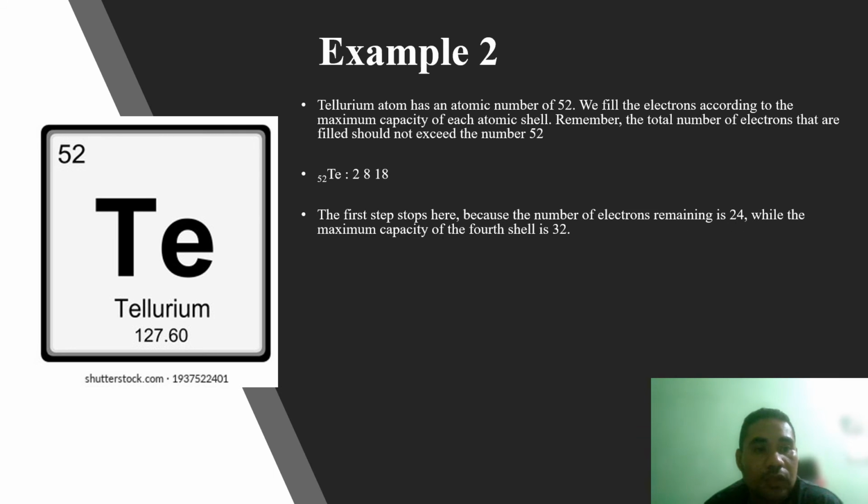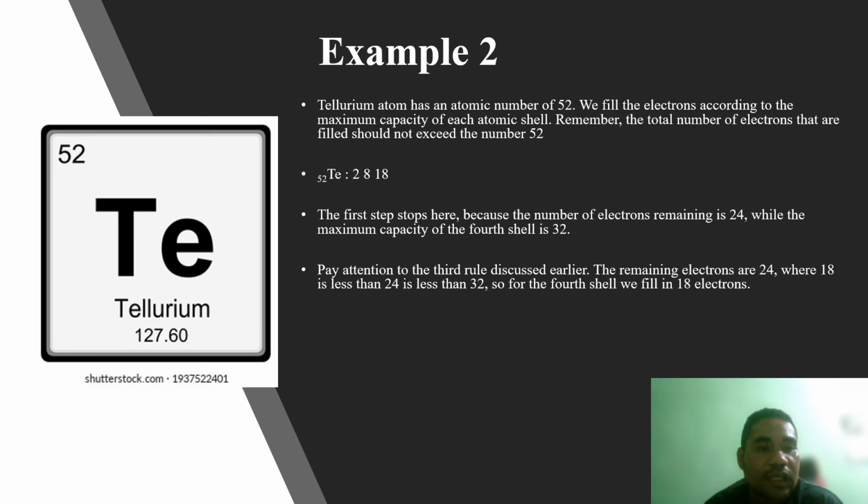The first step stops here because the number of electrons remaining is 24, while the maximum capacity of the fourth shell is 32. Pay attention to the third rule discussed earlier. The remaining electrons are 24, where 18 is less than 24, which is less than 32.